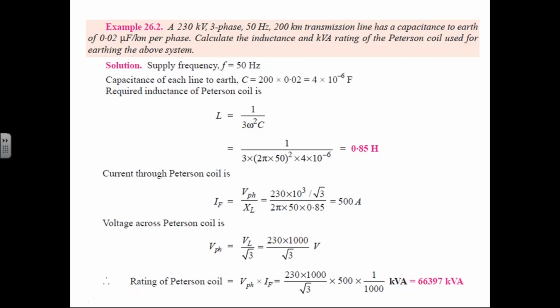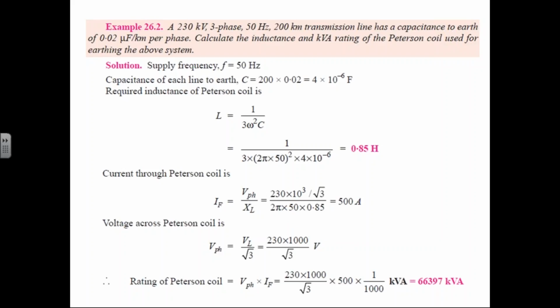Now you can calculate the impedance of the Peterson coil with the help of the inductance which we have already calculated, 0.85 henries. Thereby XL is equal to 2 pi FL. So 2 pi, F is 50, L is 0.85. Substituting this, you can get the fault current which is going to flow through your arc suppression coil.